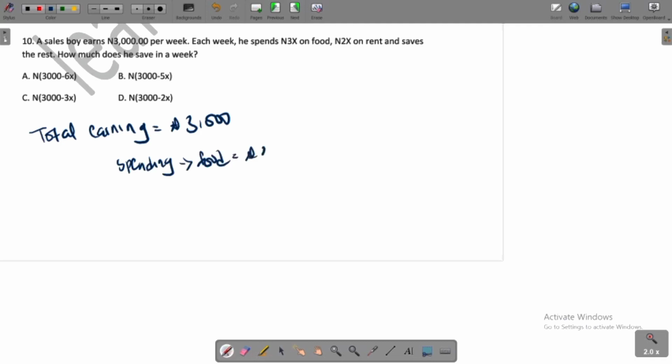We are told the amount, but not directly. And rent is 2x, and he saves the rest.